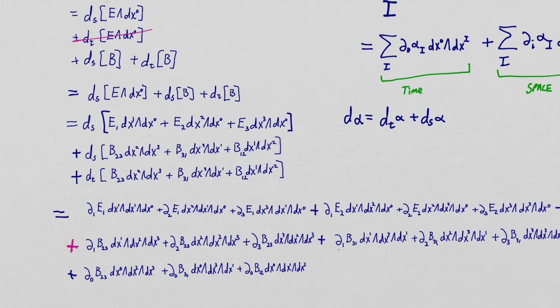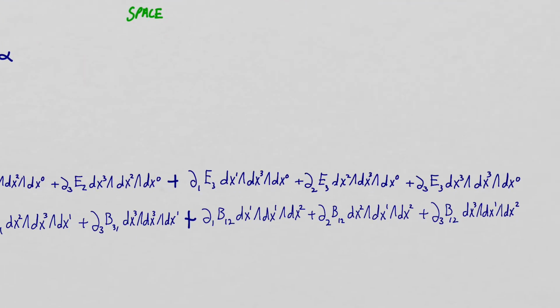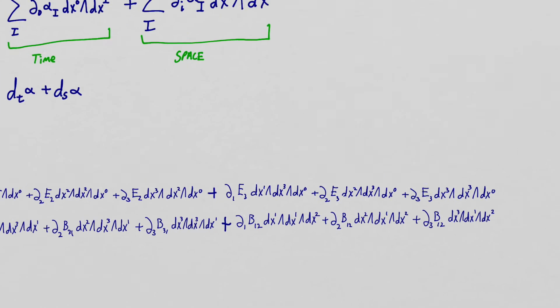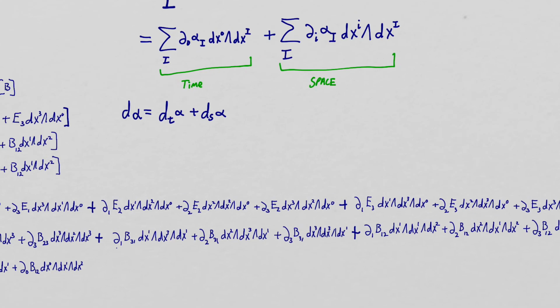The only one that'll survive is the partial derivative of b12 with respect to x3, dx3 wedge dx1, dx2. And that's going to be this last term here, dx3, dx1, dx2. This one will die because it's got dx2 wedging with dx2, and this one has dx1 wedging with dx1. So a lot of terms are going to go away.